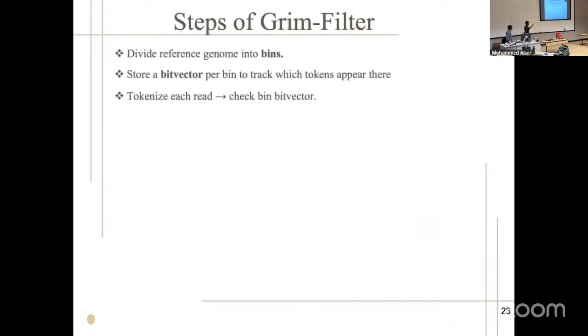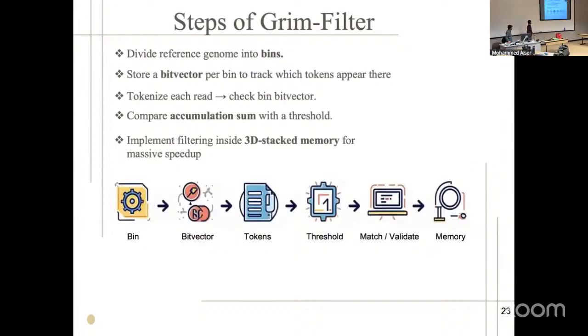Now there are multiple steps in how the GRIM-Filter works. We'll start with the bin. We divide the reference genome into bins, and after dividing, we generate a bit vector for every bin. After creating the bit vectors, we divide the reads into small pieces, which we call tokens, and each token is compared with the reference genome.